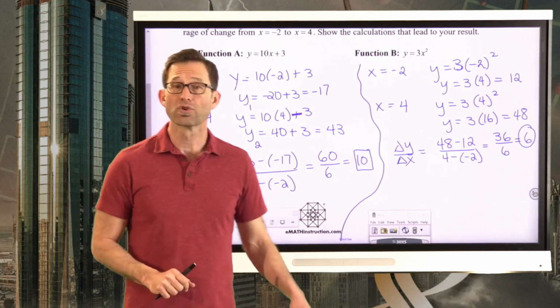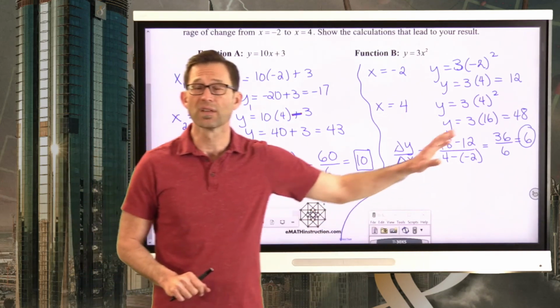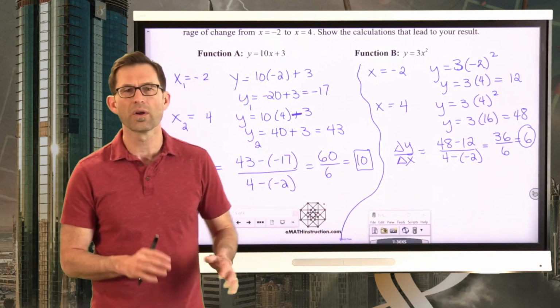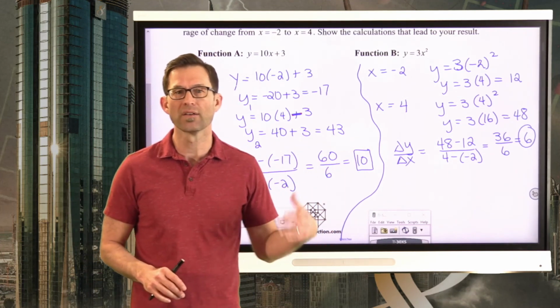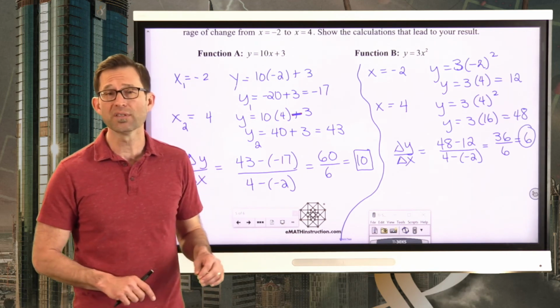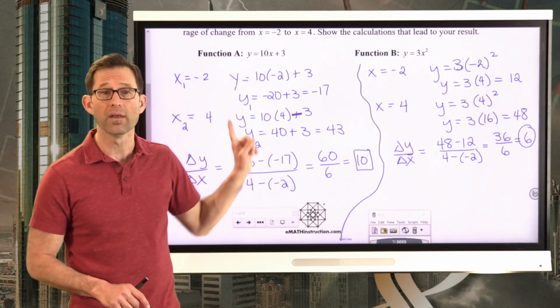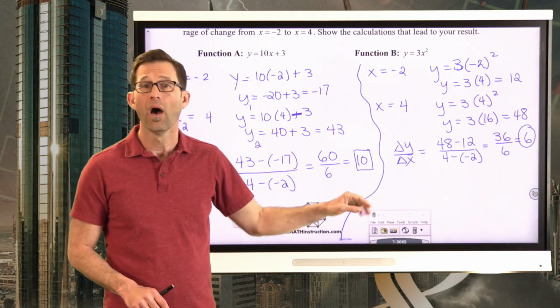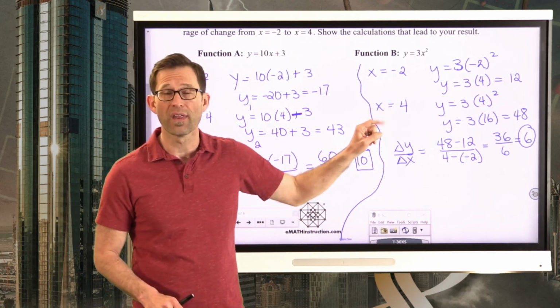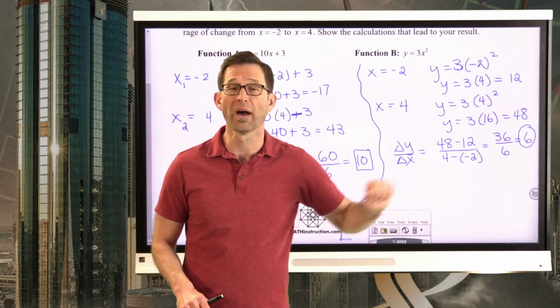All right, so we have an average rate of change of 10 here and 6 here. Again, understand what that means, right? Because we don't have any per units right now. We don't have any feet per second or miles per hour or anything like that. Literally what this means is that for every 1 unit here that x goes up, y goes up 10 units. Over here, for every 1 unit that x increases, y increases by 6 units.